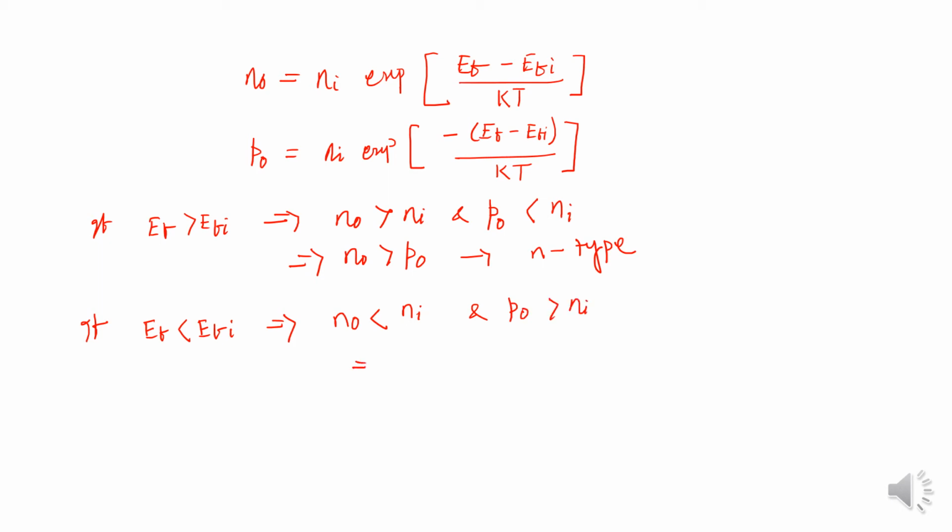So this gives us that the concentration of holes is greater than the concentration of electrons, and it refers to a P-type semiconductor.